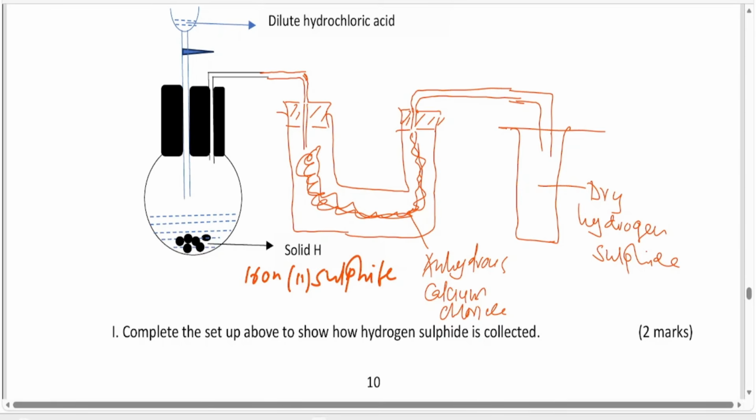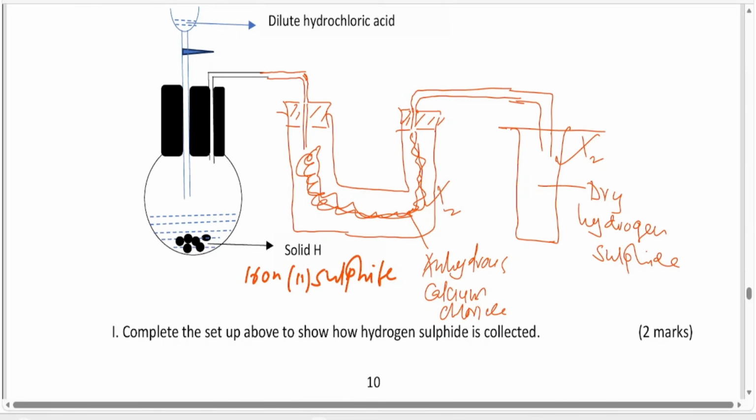So of course, we have 2 marks. One of the marks is going to come from the method of collection of the gas. Another mark is going to come from the drying agent, and another whole mark is going to come from workability.